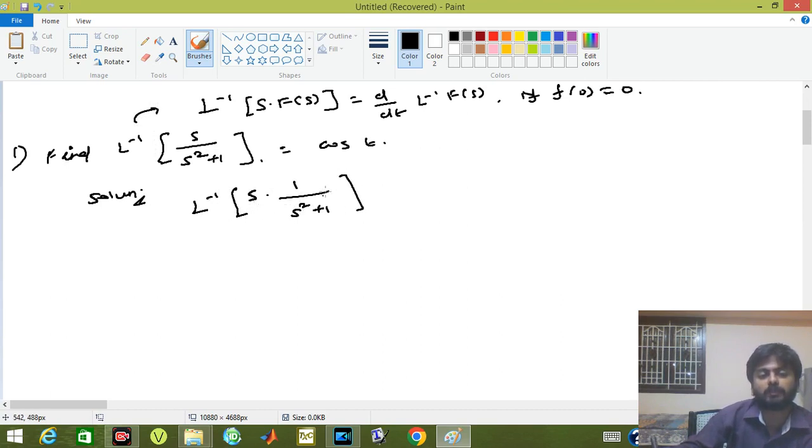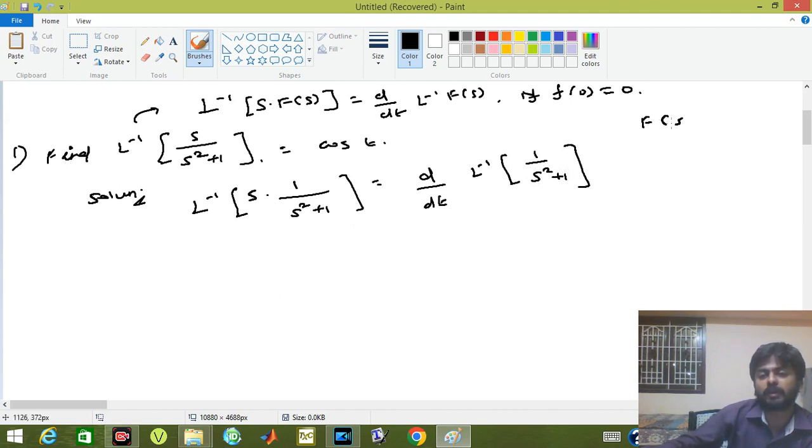So s is multiplying with this. So instead of multiplying by s, I can differentiate it with respect to t for L inverse of f of s. So what is this f of s here? See, s into f of s means f of s will be 1 by s square plus 1. So L inverse of 1 by s square plus 1.